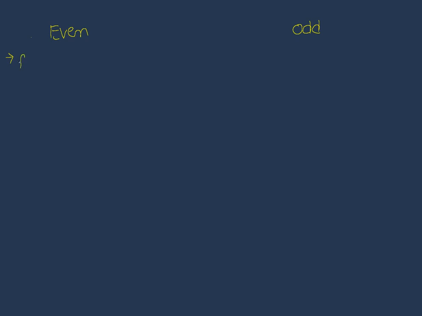If f of minus x is equal to f of x, then you call it as even function. So what is meant by an odd function? Odd function means f of minus x is equal to minus f of x, then you call it as an odd function. Okay, so let us consider one example.